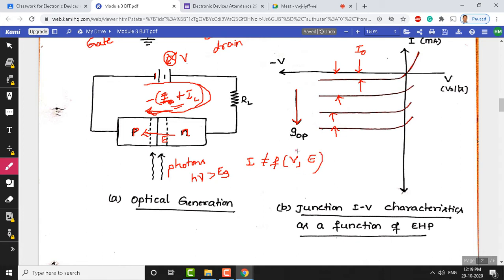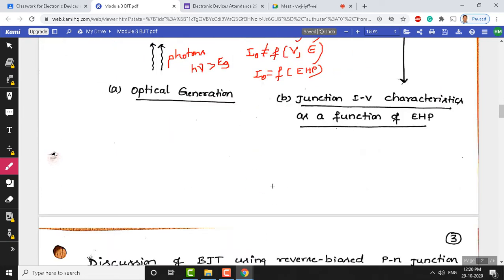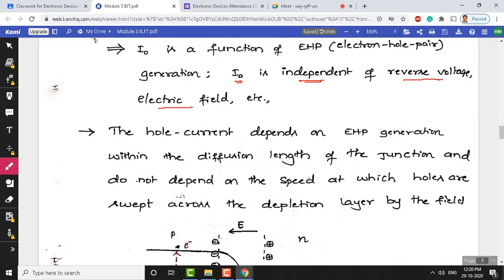It does not depend on these two parameters. It mainly depends on the electron hole pair generation, EHP. As the number of electron hole pairs increases, the corresponding I naught current keeps increasing. That is what we would like to clarify under this point here.